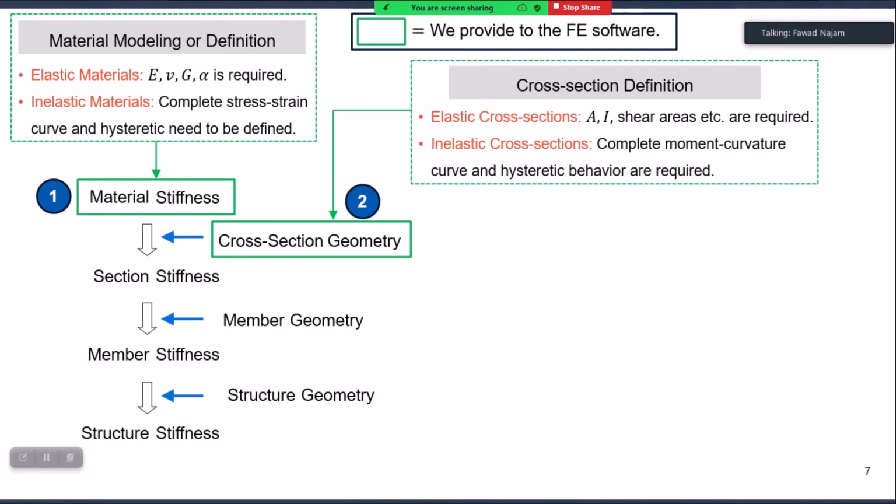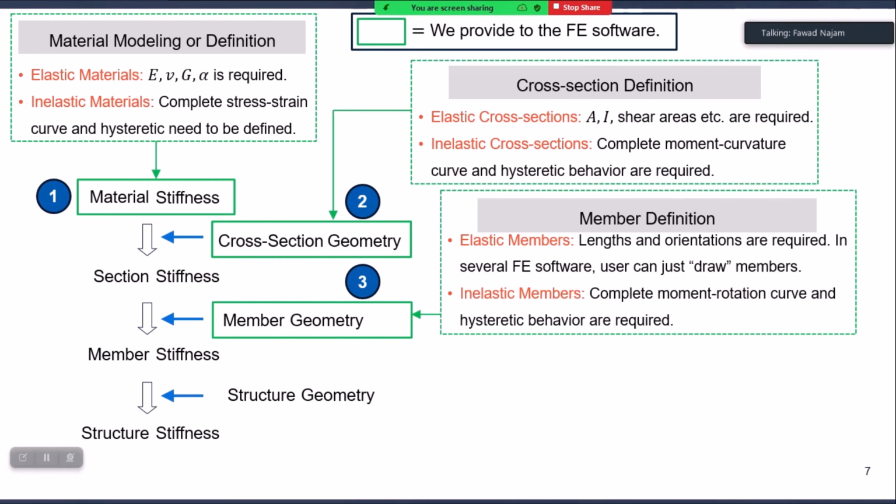For section geometry or cross-sectional stiffness, the second step, we will be simply defining the shape of the cross-section from which the programs will determine the basic cross-sectional properties like area, moment of inertia, or other shear areas, for the purpose of use in the linear analysis.